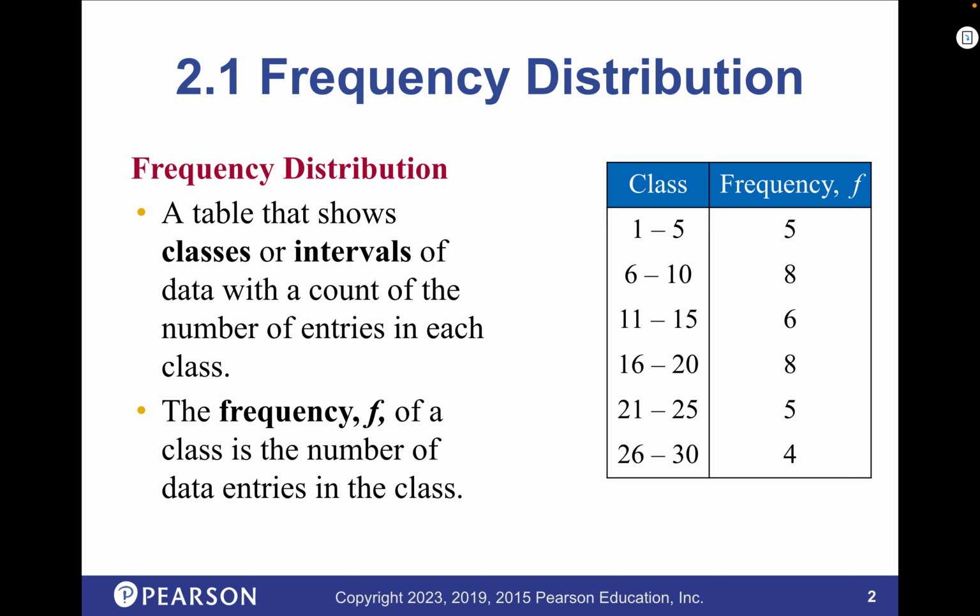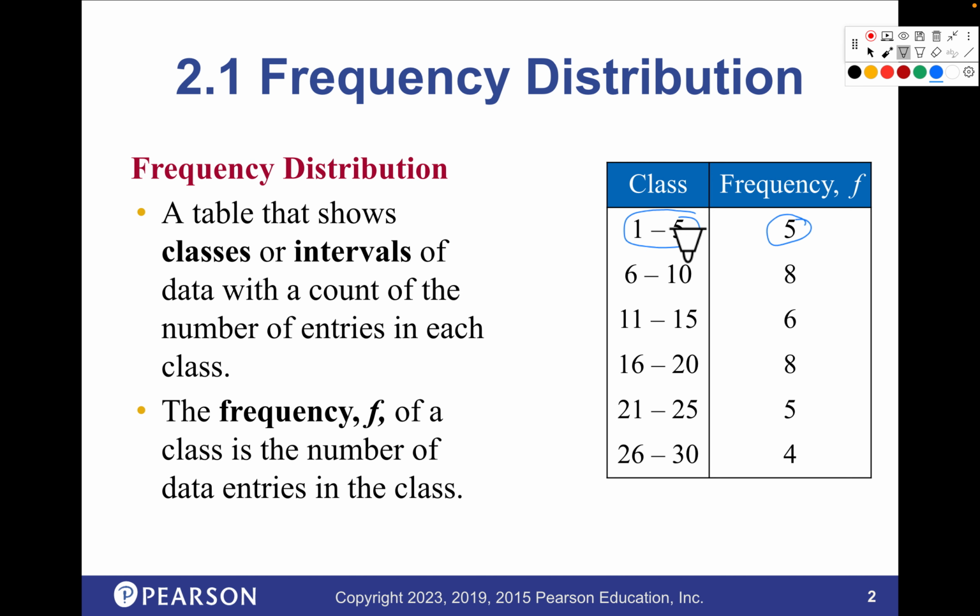So what we know is this frequency over here, say 5, is telling us that in this class, the numbers 1 through 5, they occur 5 times. Now, we don't know which one. They could be all 1s, they could be all 5s, they could be a mix of 1, 2, 3, 4, 5.